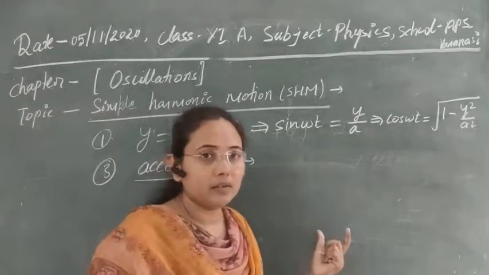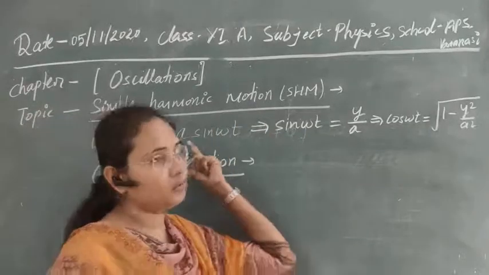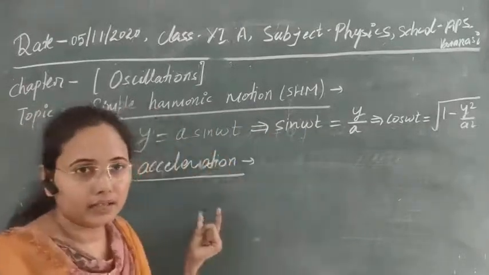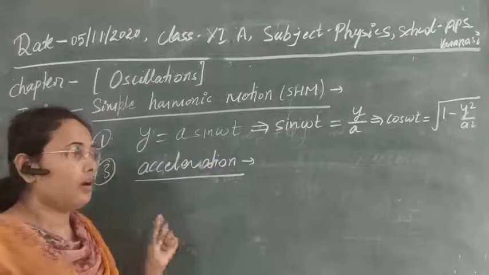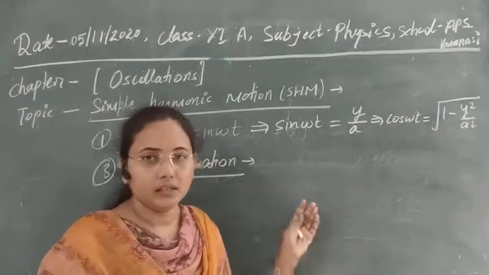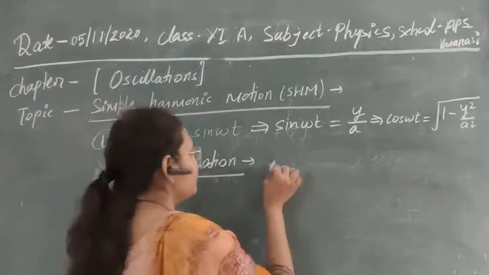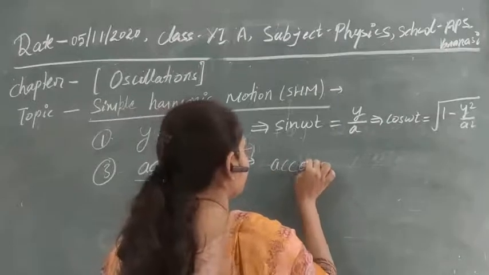Acceleration will be equal to, as you know, if we differentiate this value twice, then we obtain the acceleration of the particle, or we can also obtain it with the help of velocity. The rate of change of velocity is called acceleration. So what will be the value of acceleration?